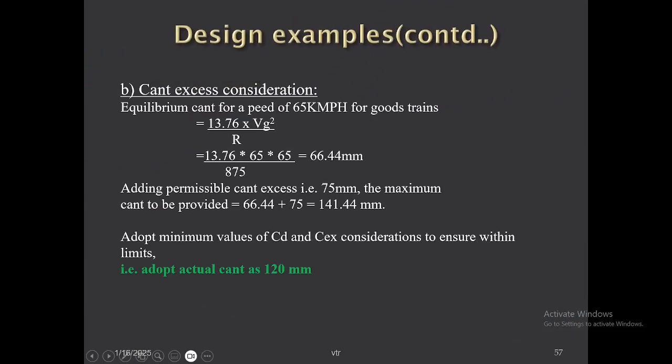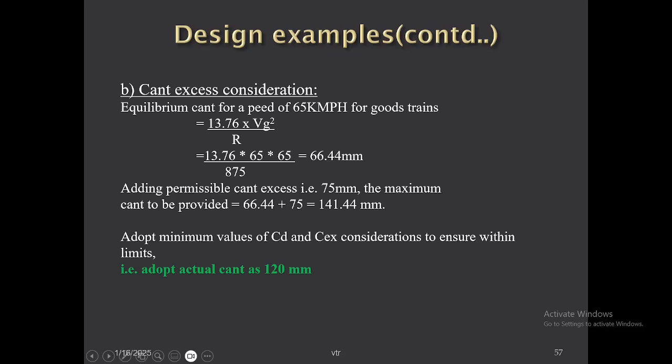Next, we work on the actual cant required based on cant excess. Cant excess is based on the goods train speed, which is given as 65 kmph. For 65 kmph, the equilibrium cant required is this much, 66.44. But we can permit some cant excess, 75 mm. That means 66.44 plus 75 will be your actual cant.